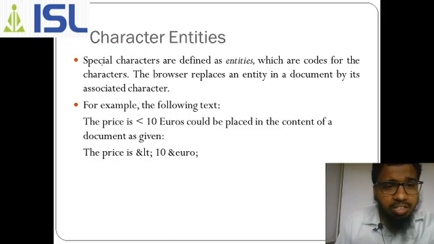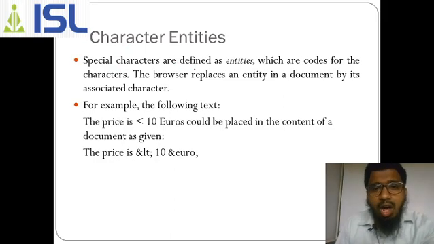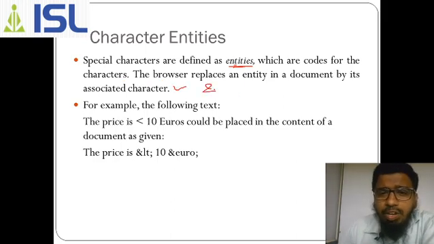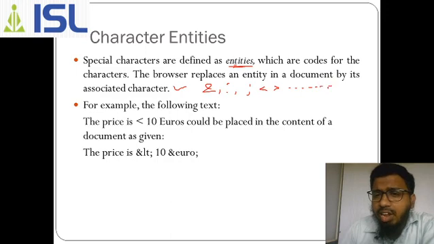Now next, character entities. What are character entities? Special characters are defined as entities, which are codes for the characters. The browser replaces an entity in a document by its associated character. We have special characters like ampersand, colon, comma, semicolon, less than, greater than, equal to.